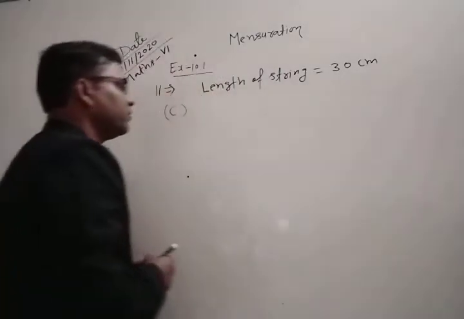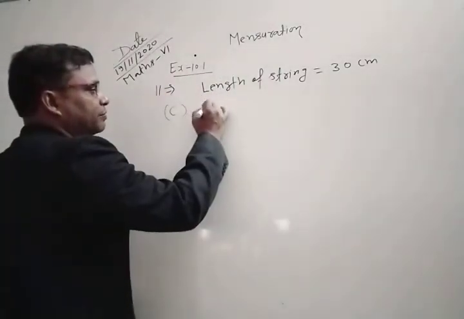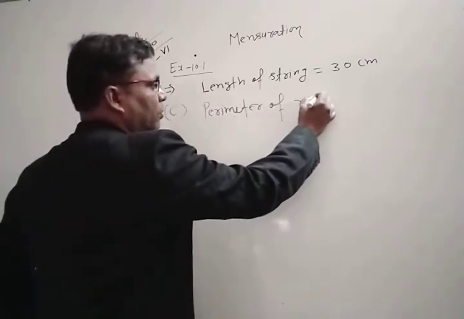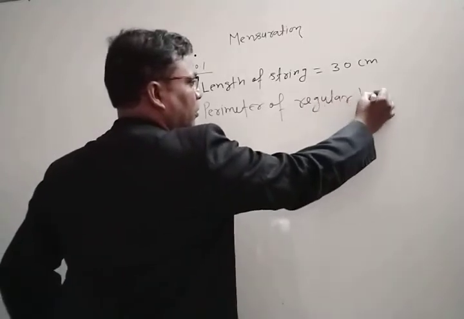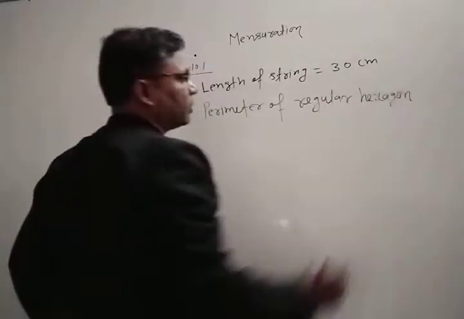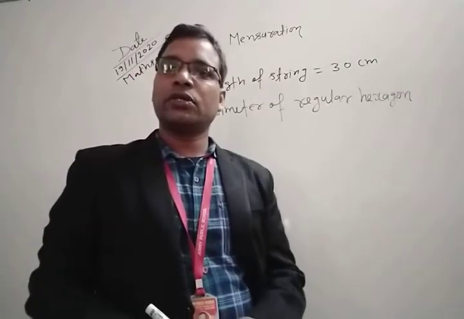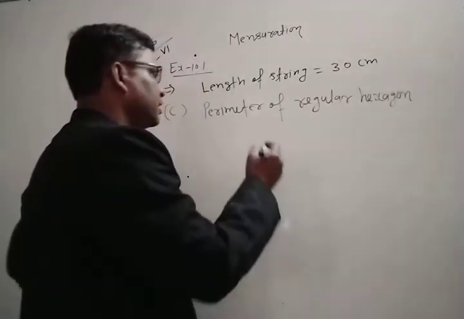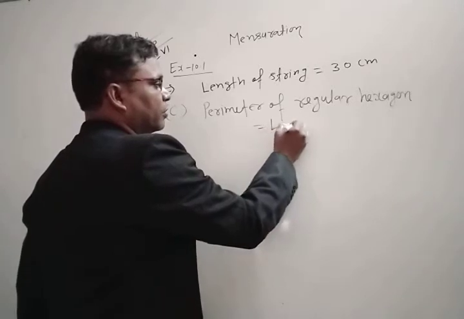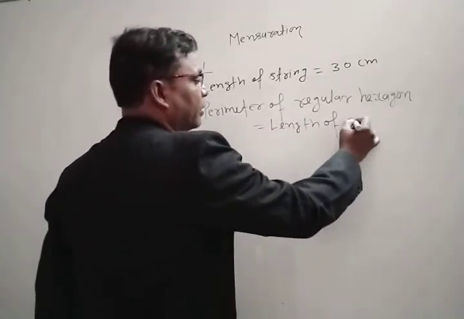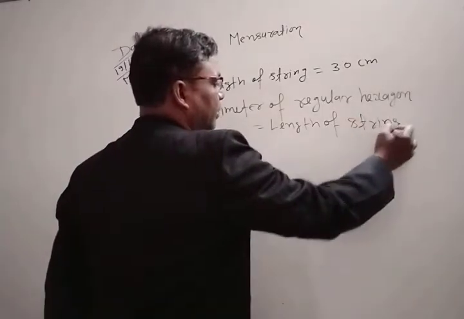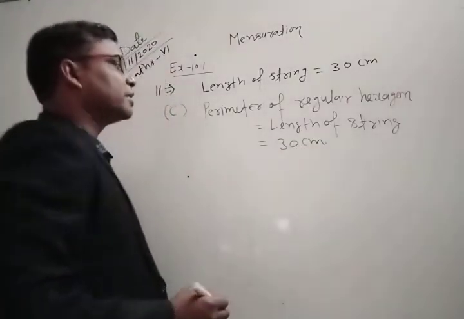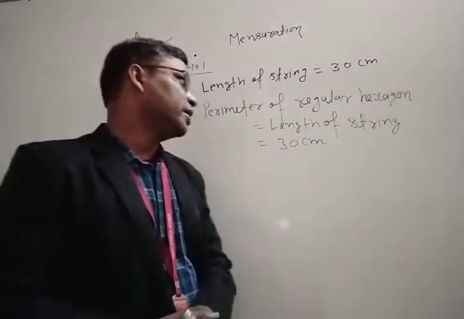So first we write the perimeter of the regular hexagon. The perimeter of the regular hexagon is also equal to the length of the string. So what is the length of the string? This is given as 30 centimeters. Clear? So you can say the perimeter of the regular hexagon is 30 centimeters.